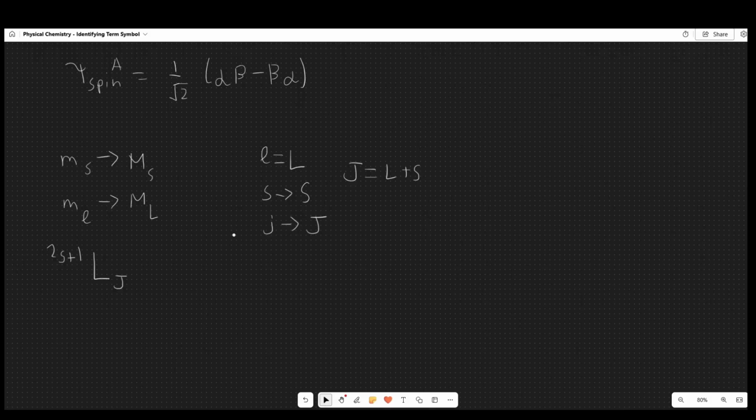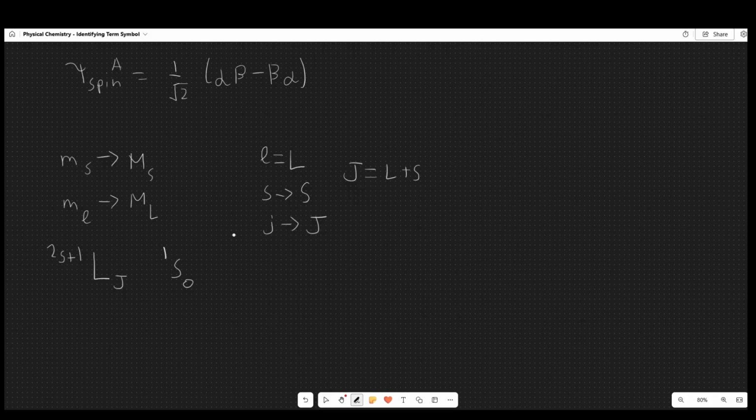An example of this would be 1S0. This is where we have S equals 0, so it's a singlet, L is 0 which is denoted S, and then J is equal to 0 because L is 0.